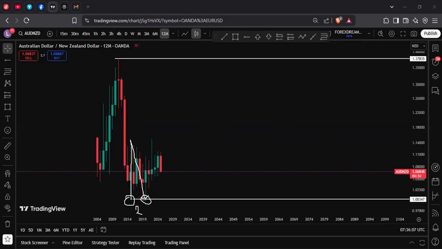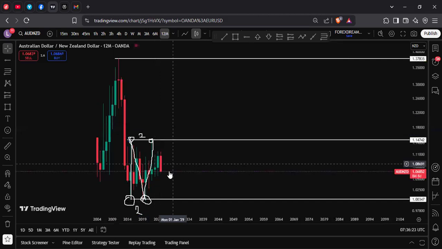So the market went up again. Here's your first time touch of the resistance, second time touch of the resistance. Now you have two touches of the resistance. You can also add the horizontal line like this as your resistance. This one is what we call minor support and resistance.